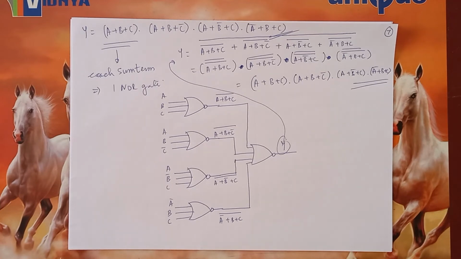So, what have we done? We have seen how to represent a canonical SOP form using NAND gates only and a canonical POS form using NOR gates only.